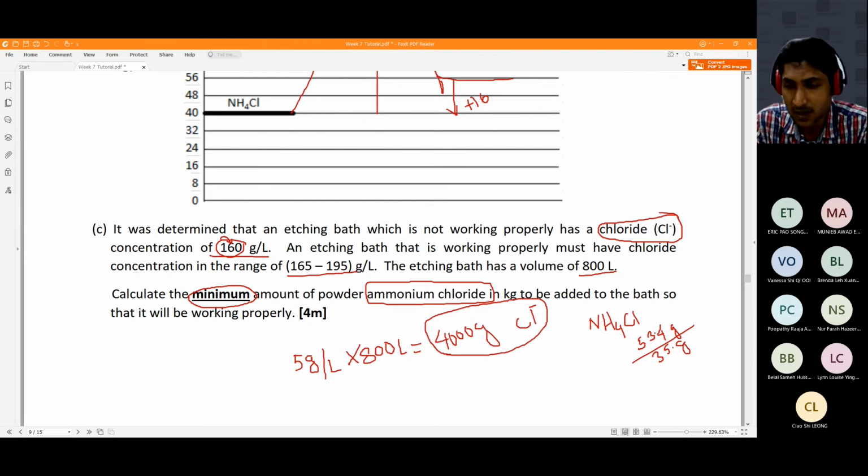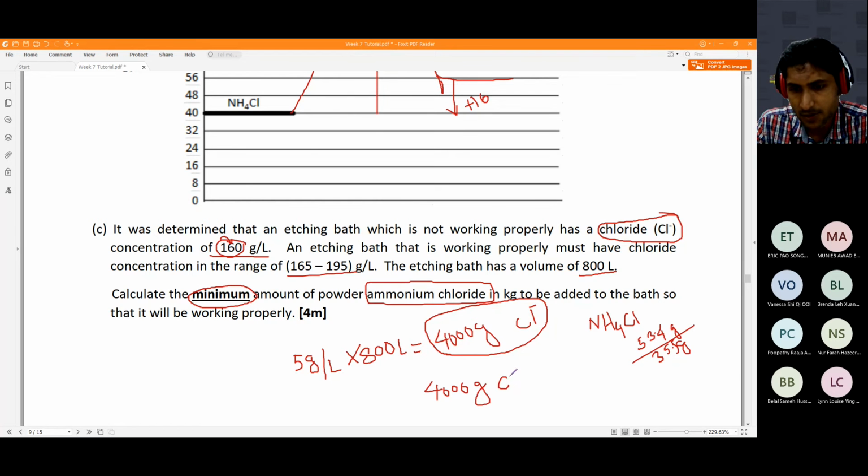So in 1 mole there will be 53.4 gram of ammonium chloride, out of which 35.5 gram is chloride. So for the 4,000 gram of chloride I need, let me write again, 53.4 gram of ammonium chloride.